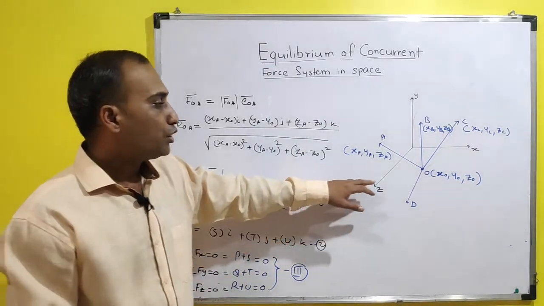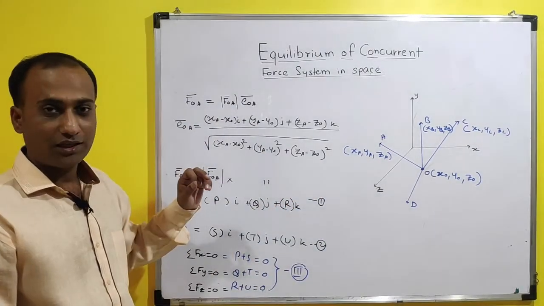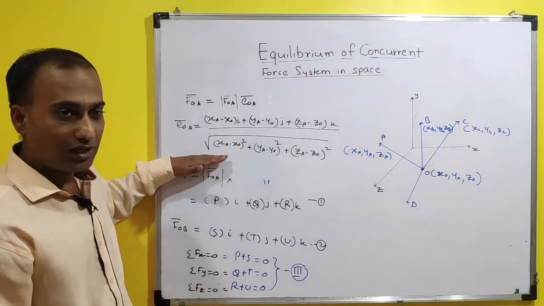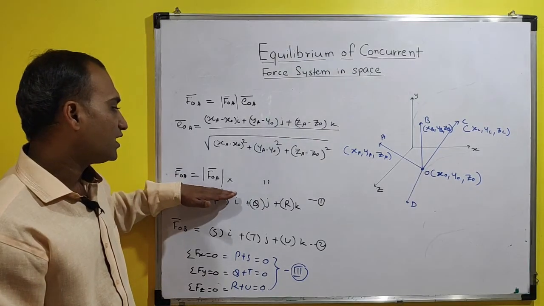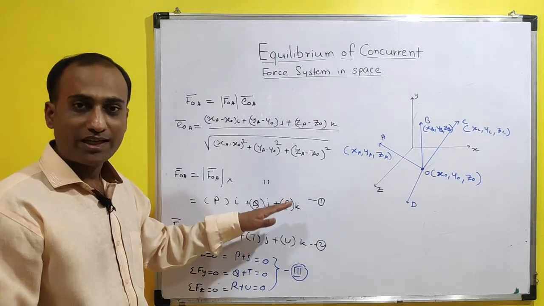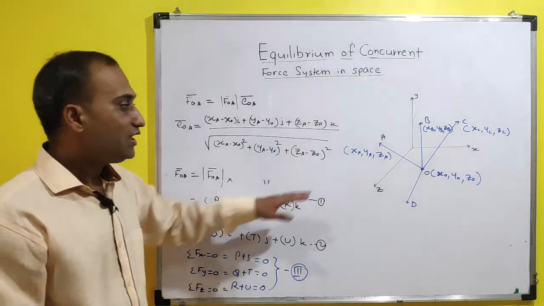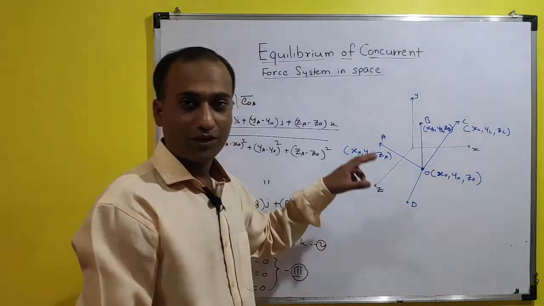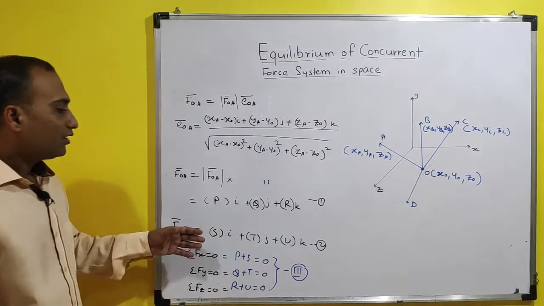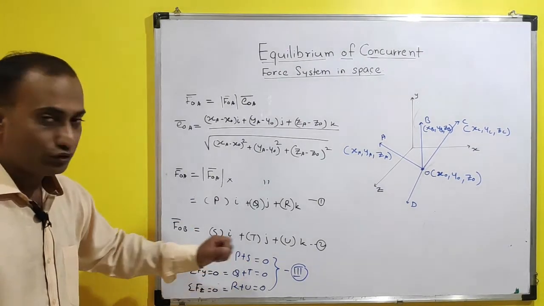Then after that you have to find out the force vector. We know how it is to be written, how we have to calculate the unit vector, and we have to write the force vector equation in terms of i, j and k. Once we write the force vector equation in terms of i, j, k for each of the forces in the force system, then you can take the summation of all the x components and equate it to 0.